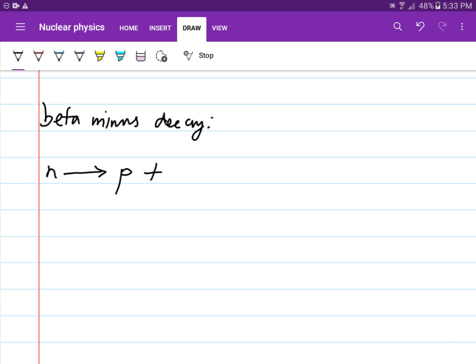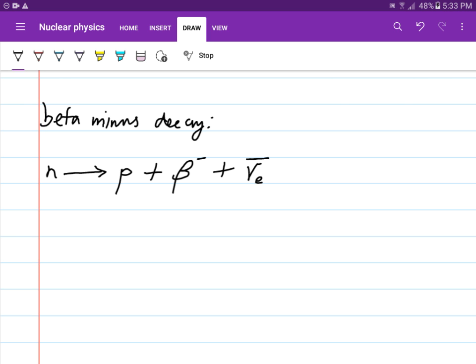So you should have a beta minus particle and another particle, which is the antineutrino. The antineutrino is written by this Greek letter nu, and for antiparticles we will write a bar above the symbol.